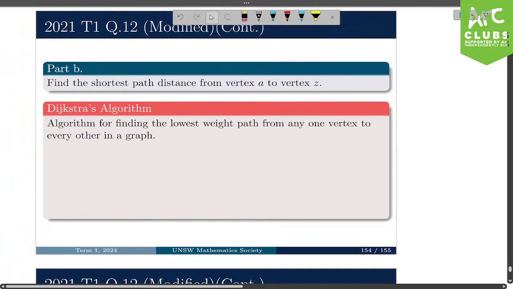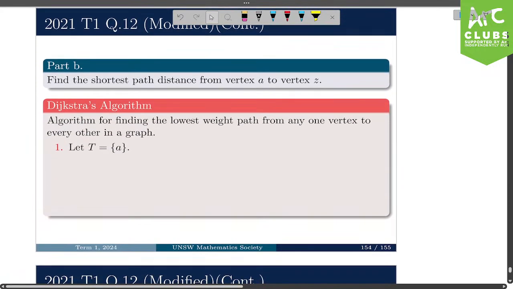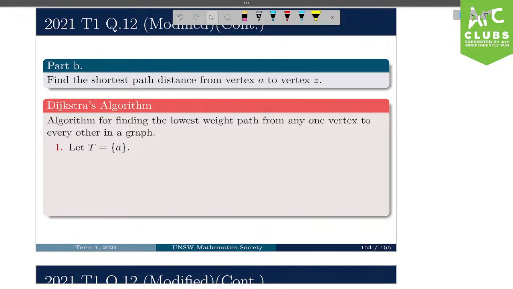Instead, we're going to use a different algorithm called Dijkstra's algorithm. So, Dijkstra's algorithm says, first you have a set of vertices you've already seen. It forms a sort of tree.